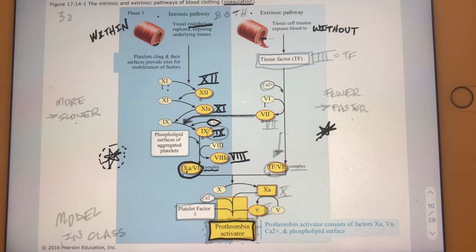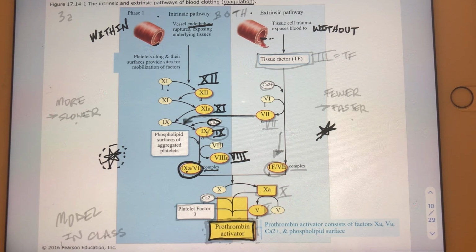Okay, now let's walk through our extrinsic pathway. Our compromised vessel wall will allow chemical signals from surrounding tissues to enter the lumen of the vessel.